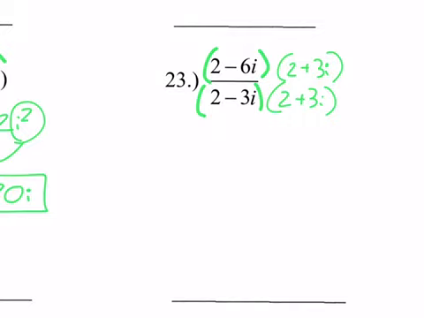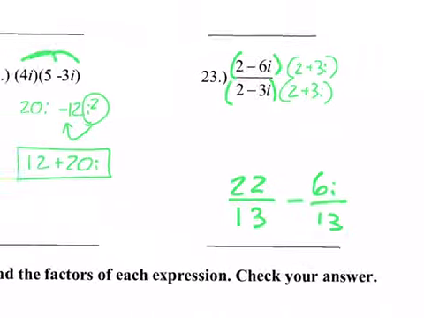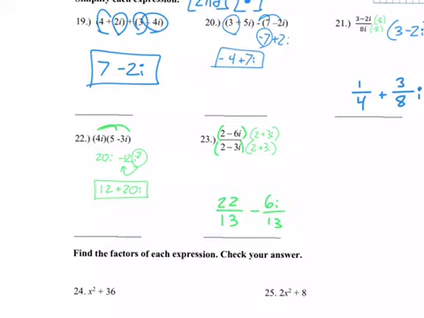In this case, hit math enter at the end. You'll get your 22 over 13 minus 6i over 13. You don't have to do the long drawn out way you'll see on the answer key. You can. You'll need that in pre-calculus. But for now, if we're comfortable with typing in the i button, we're in good shape.